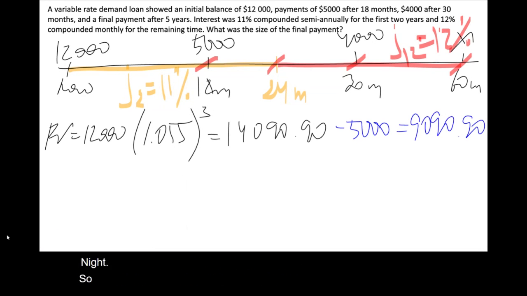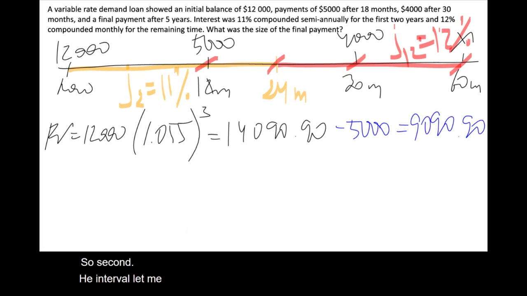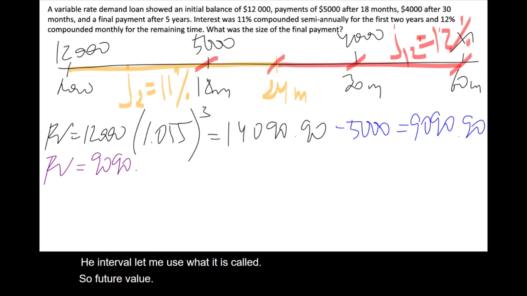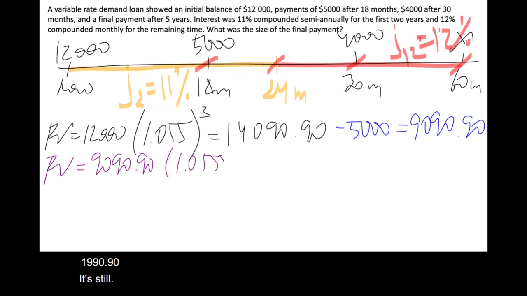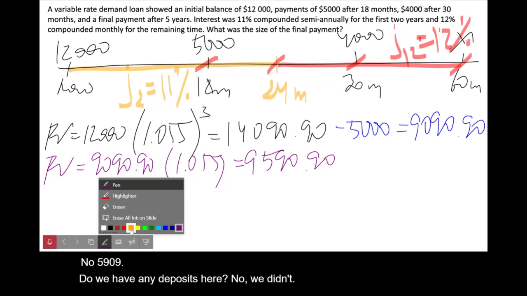So second interval, future value 9,090.90, it's still 11%, times 1.055. Do we have any deposits here? No, we didn't.